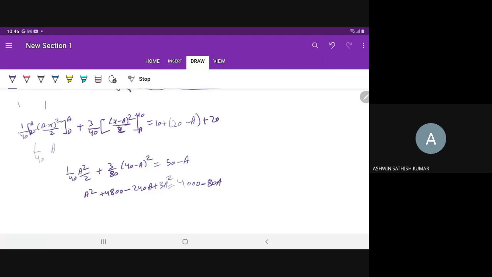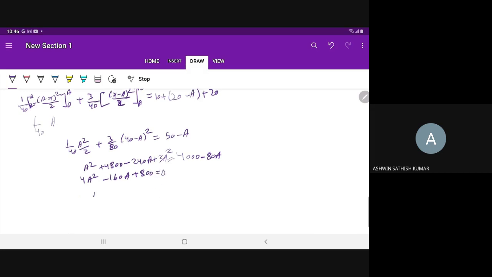If you solve this, you will get this equation. So from here you will get the quadratic equation 4A square minus 160A plus 800 is equal to 0. So from here A will come as 34.14 and 5.86. So here we take A is equal to 5.86 because it is less than R star.